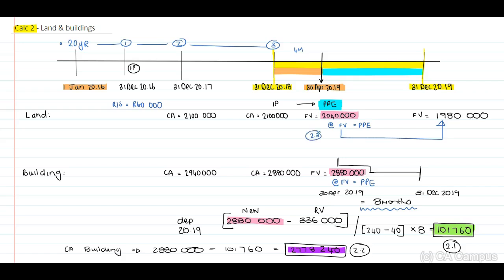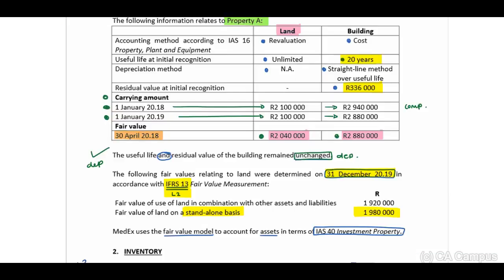Okay. Therefore, we are able to identify in our calculation, and I'm going to call this my calculation 2.3, that there is a decrease of 60,000. And this is an impairment in terms of our asset. Right, you with me on this one? Why? Because when we look at this, guys, they've indicated to us that our land will be based on the revaluation model.